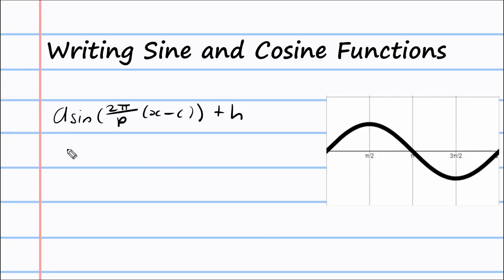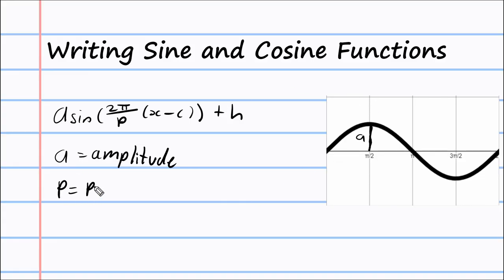All right, so a is the amplitude. The amplitude is the distance from the midline, the resting position of the wave, to the highest point in the sine function or the cosine function. That's the amplitude.